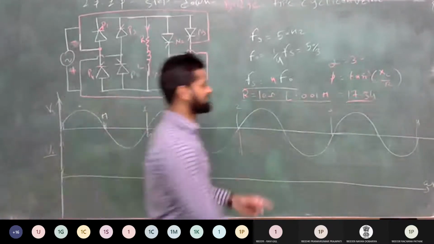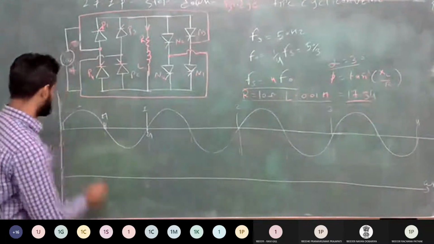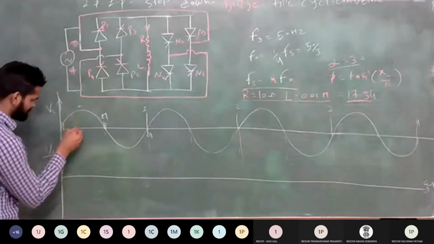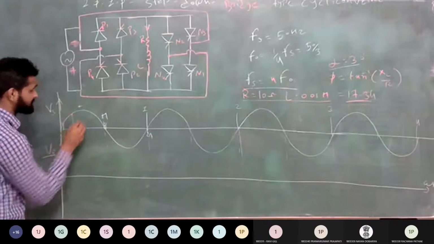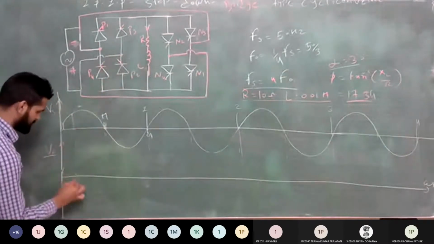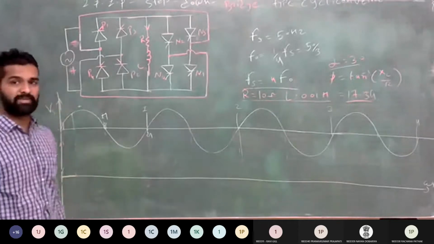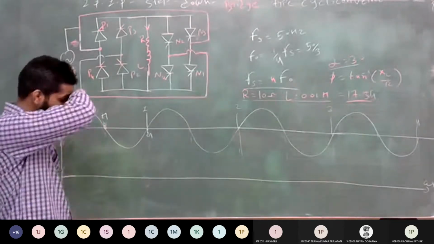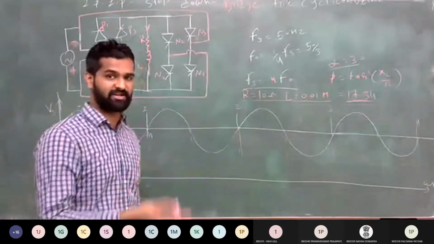But at which angle? Alpha is equal to 30 degree. It means suppose this is your alpha, omega t is equal to 30 degree here. So here you fire this P1 and P2 thyristor. Clear? So between 0 to 30 degree, P1, P2 is in off condition, so output voltage is 0. Here we draw the waveform for initial condition.